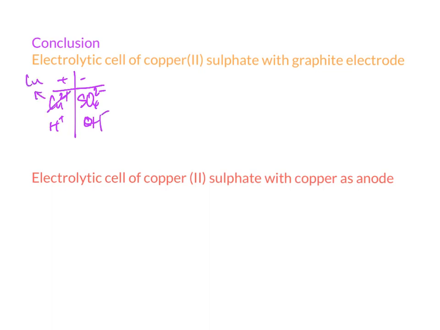Therefore you can see some reddish brown copper solid deposited at the cathode. While on the other side, OH- is going to discharge and become oxygen, so you can see some colorless gas bubbles forming at the anode. After that, you find that only H+ and SO4 2- are left behind, so the solution will eventually change to sulphuric acid.